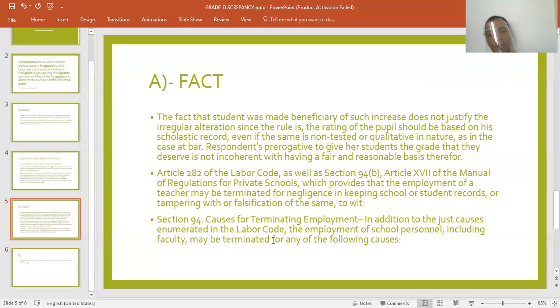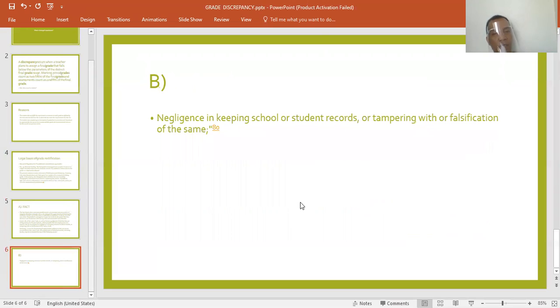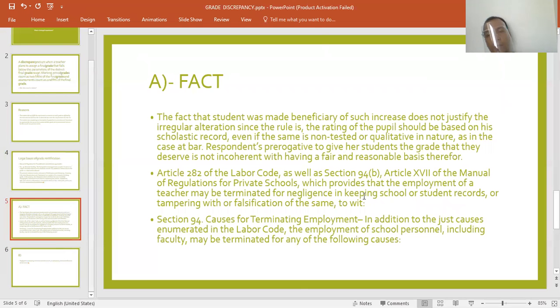Causes for terminating employment, in addition to the just causes enumerated in the Labor Code: the employment of school personnel, including faculty, may be terminated for any of the following causes: negligence, dishonesty, falsification, or tampering with the same. Now, this is applied not only to teachers, but to all school personnel.